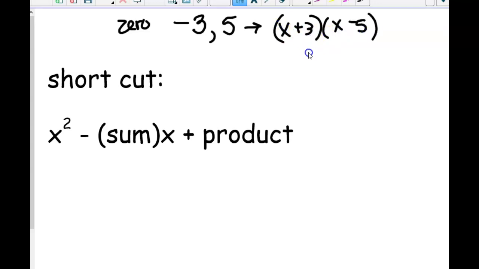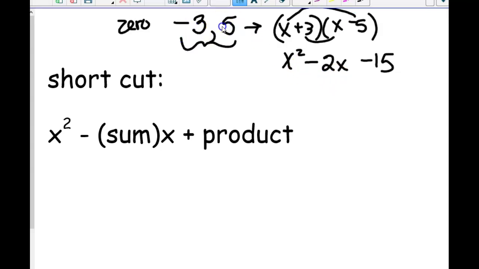Then if you FOILed that together, it would become x squared plus 3x and a minus 5x. Everybody okay if I skip writing those both out? You'd get a minus 2x and then a minus 15 for the constant. If you FOILed here, you'd get a plus 3x and a minus 5x, which would add together to be -2. Okay, so I want you to look up here at these, not at the factors, but at these, and tell me the relationship to that number.